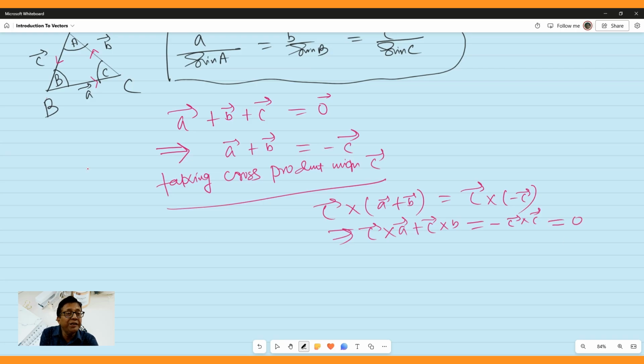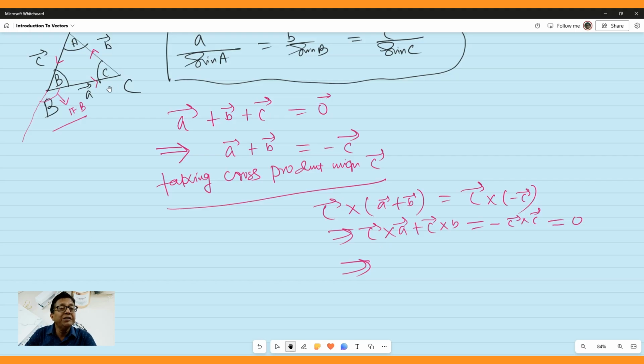Now C cross A is what? The angle between them is pi minus B. This angle is pi minus B. And another thing, C cross A, when you consider, it is coming outward.